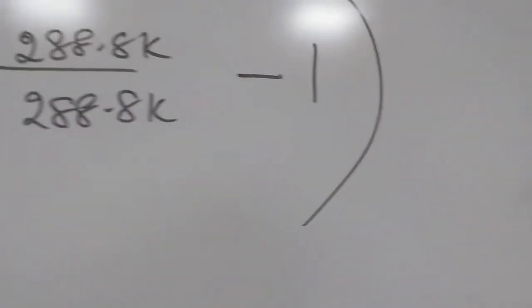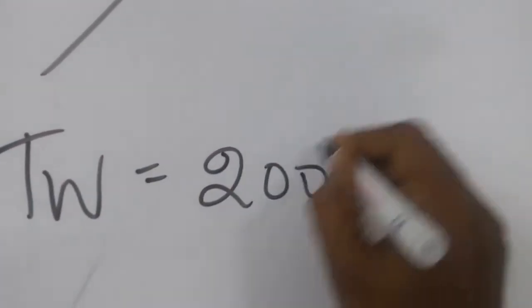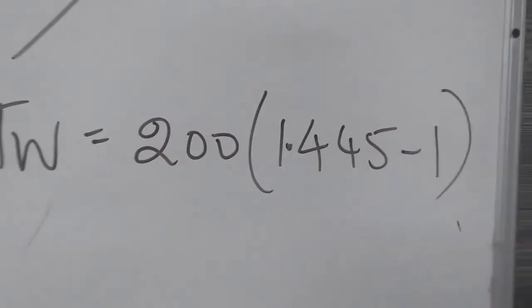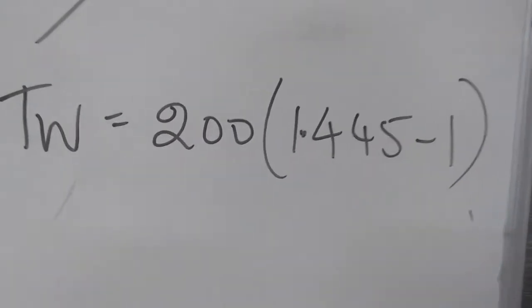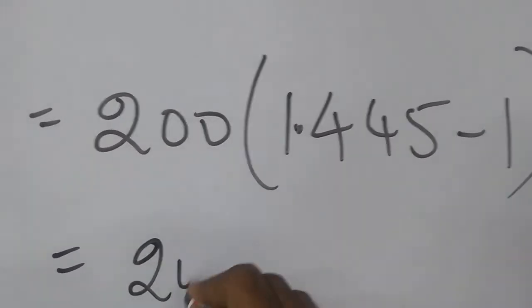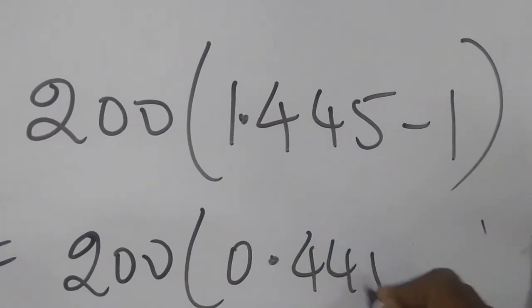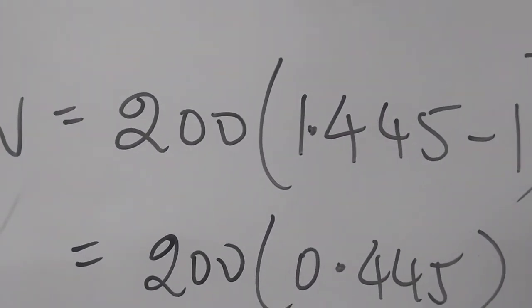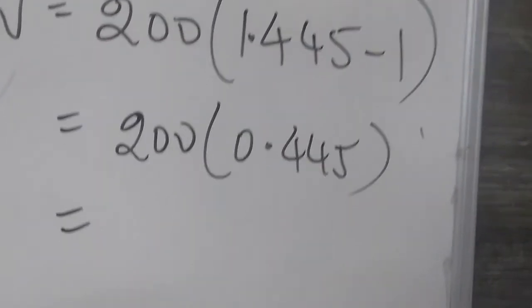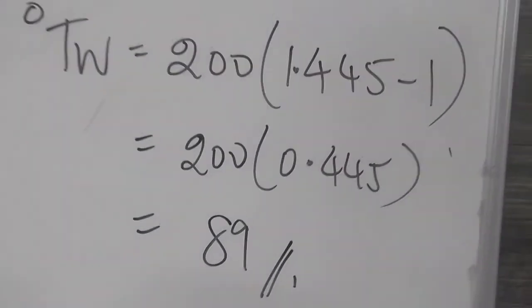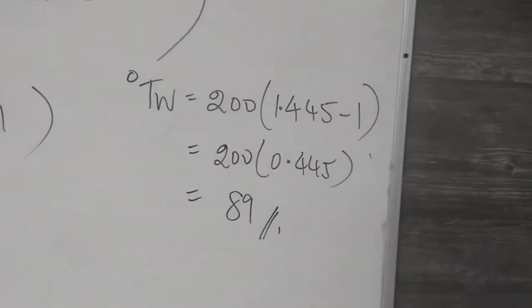If we substitute that, we get 200 into 1.445 minus 1, which is 200 into 0.445. So what is the answer? We will get 89 as the Twaddell scale.